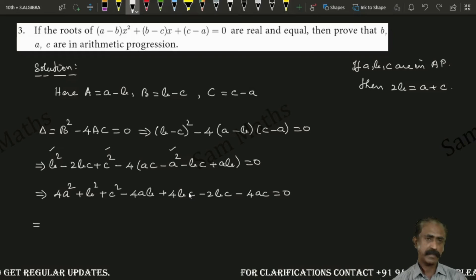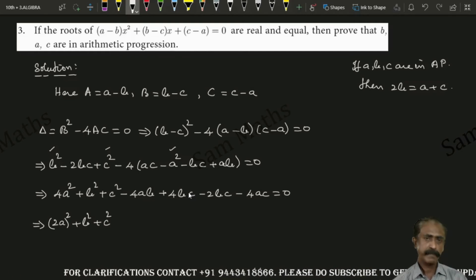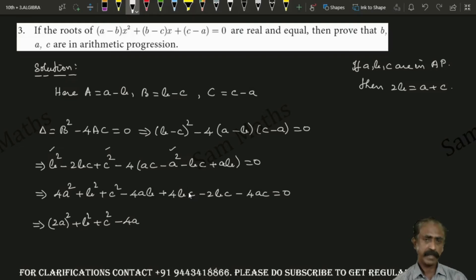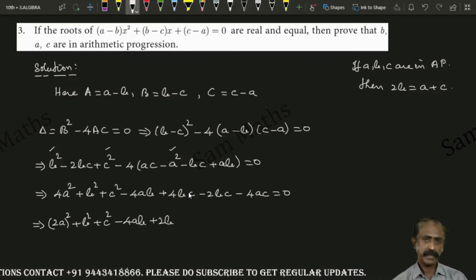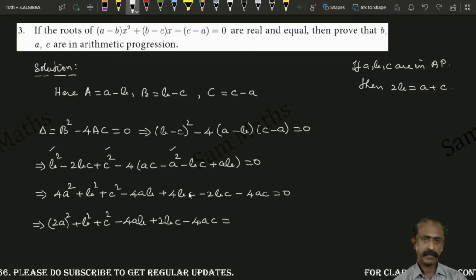This you rewrite, this becomes 2a the whole square plus b square plus c square minus 4ab, this you can simplify, plus 2bc minus 4ac equal to 0.